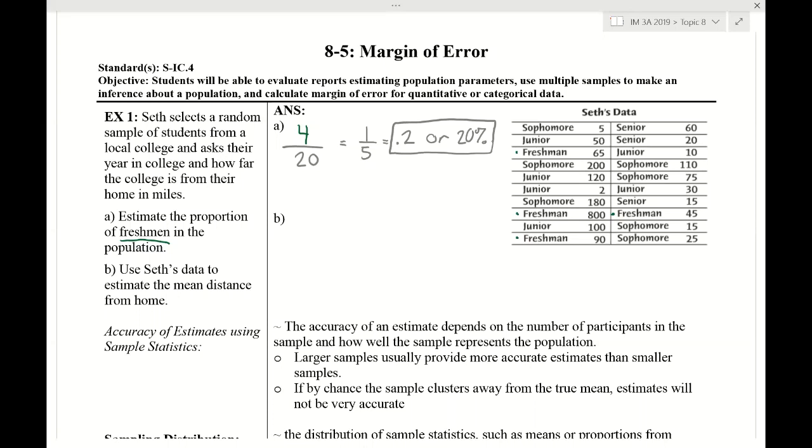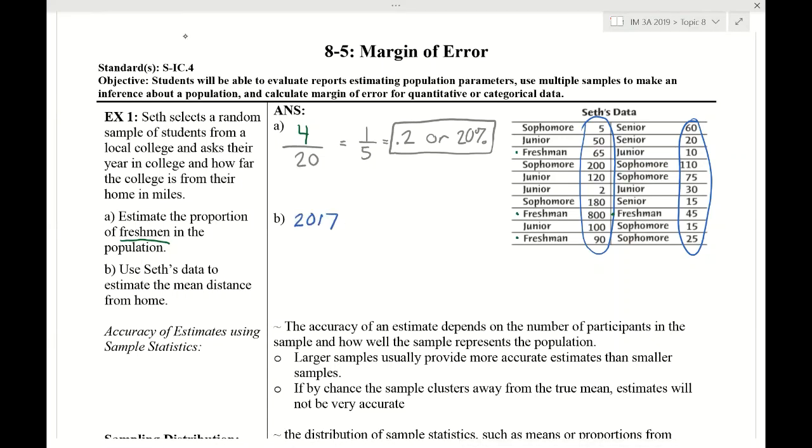The next thing we're going to do is use Seth's data to estimate the mean distance from home. And so what that means is that we're going to take all of the numbers, because those represent their miles from home, and we're going to add them all together. So we're going to add each of those 20 data points together and see what the average distance from home is for this sample of students. So if I add up all those numbers, I get 2,017.